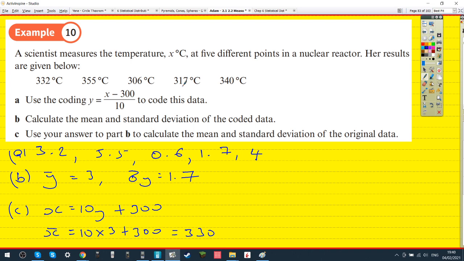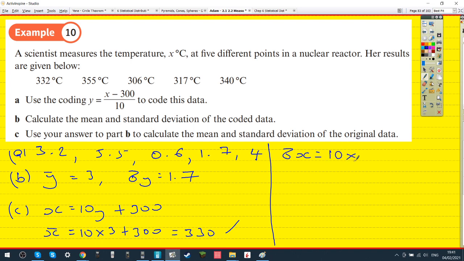I got 330. Great, so that's correct. Okay, standard deviation. So this time would it equal 10 times... would it still be the same equation, 10 times 3 plus 300? Let's try.